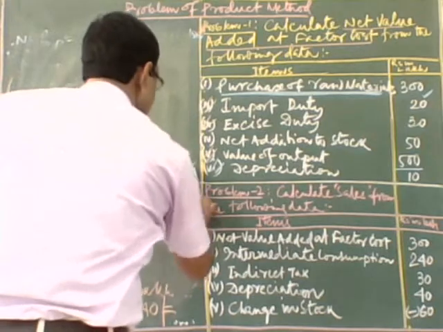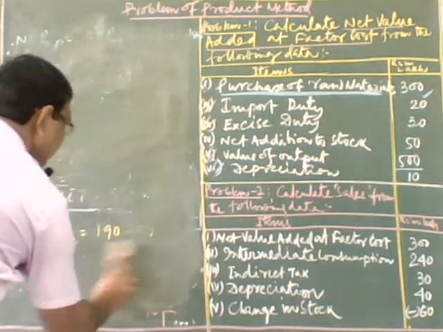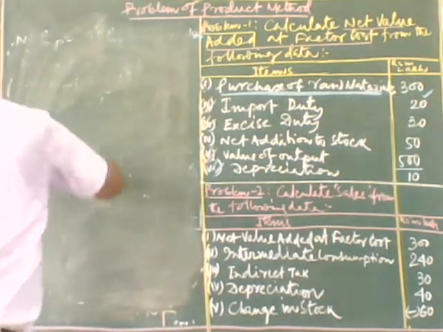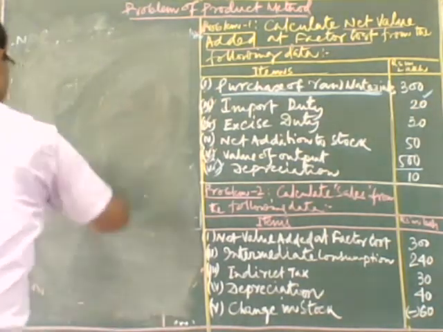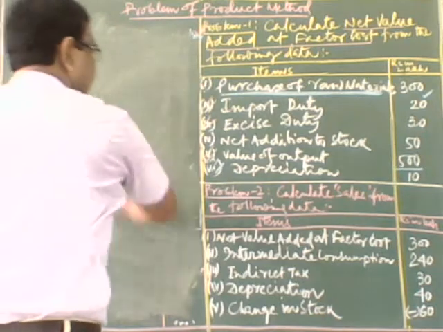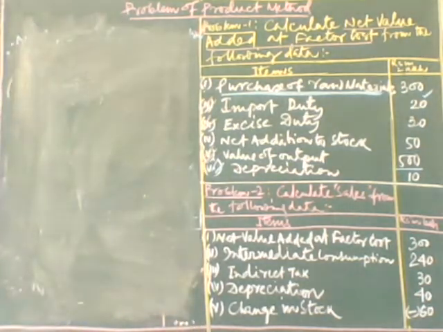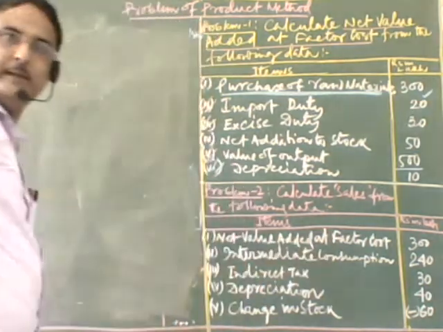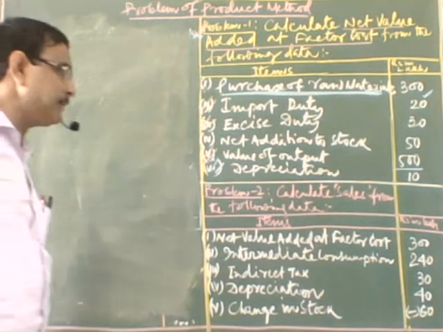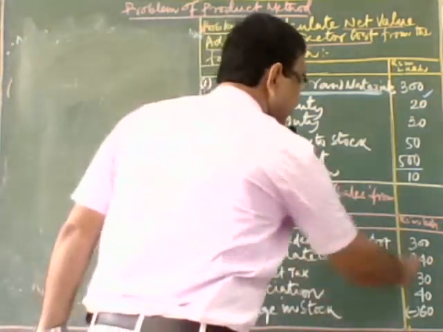Now the data is given as items and rupees in lakh. Item number 1 is net value added at factor cost. That value is 300.